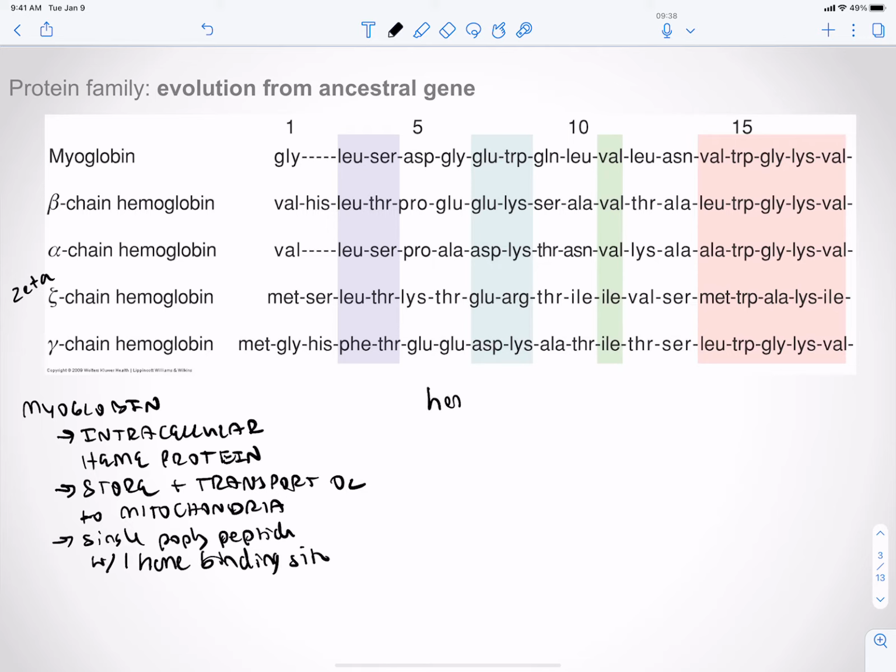Hemoglobin, on the other hand, is composed of 4 globin chains, which means it has 4 oxygen binding sites, and is present in the red blood cells.